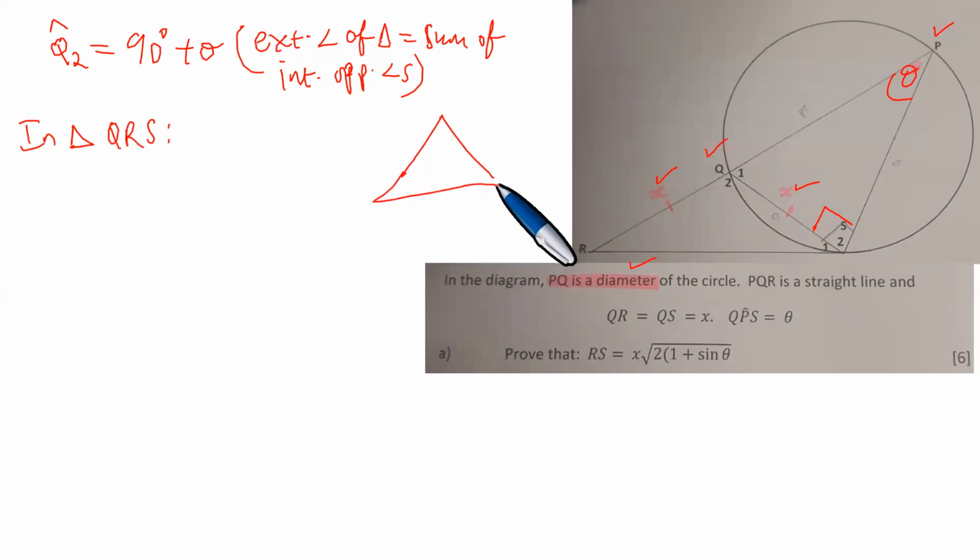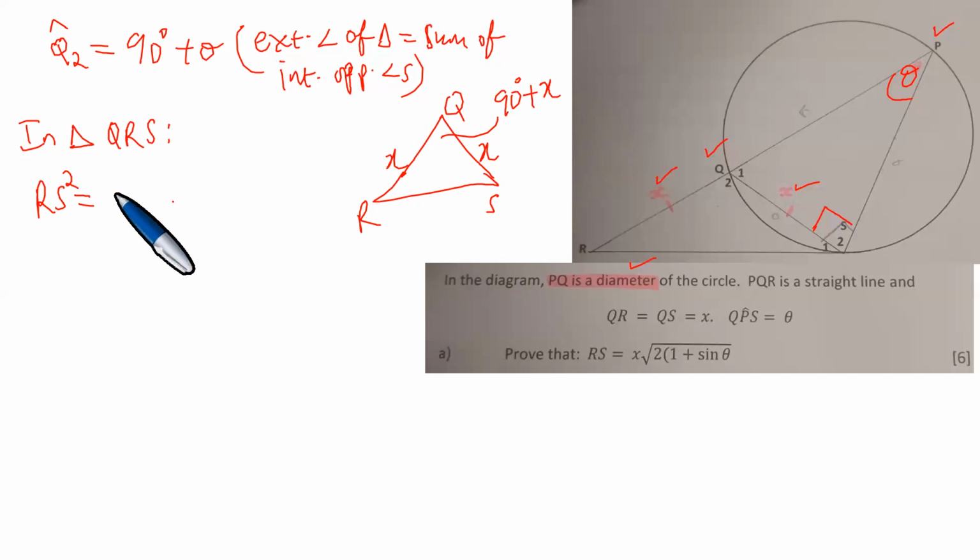This is X and that is X, this is Q, R, S, and Q2 is 90 degrees plus X. Okay, so if we want to find RS, we use the cosine rule.